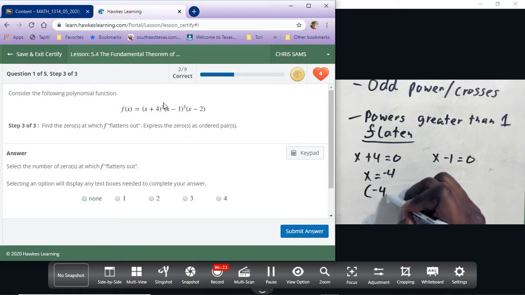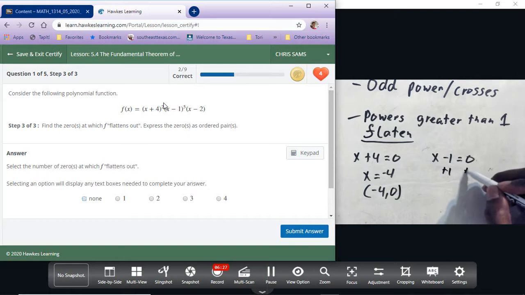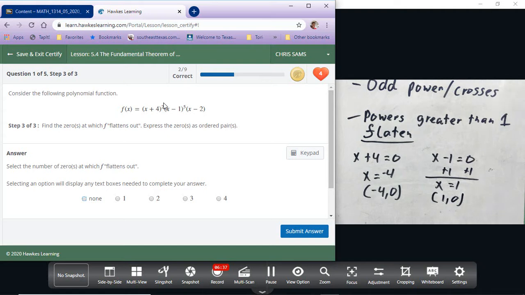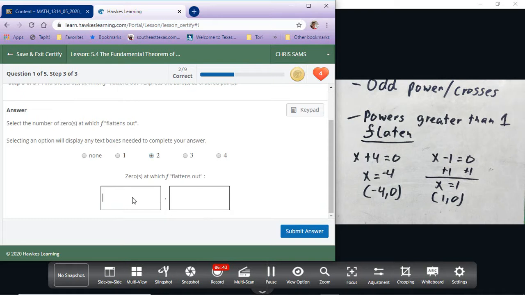As an ordered pair, negative 4, 0. Add 1 as an x value, we get x equals 1. As an ordered pair, we get 1, 0. So these will be our 2 that flatten out, and the actual values as ordered pairs are negative 4, 0, and 1, 0.